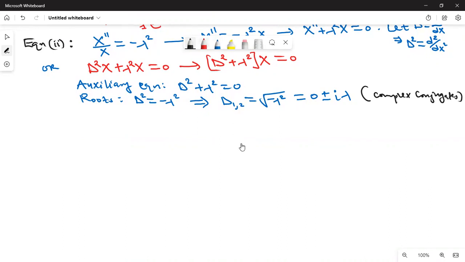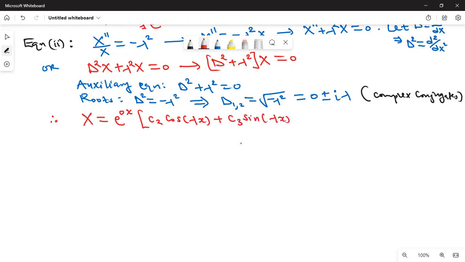So in this case where the roots are complex conjugates, how do we write our solution corresponding to the capital X? It will be exponential 0x times, call it C2, cosine of lambda x plus C3 sine of lambda x.